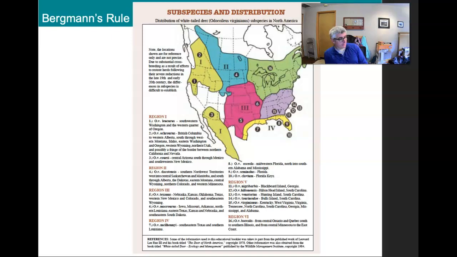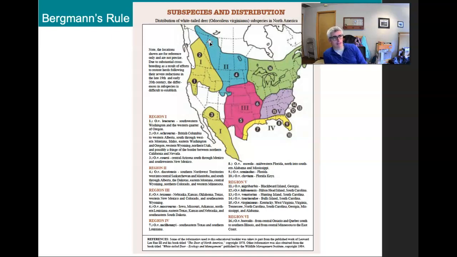And white-tailed deer extend down through Mexico up into Canada. A white-tailed deer in the Sonoran Desert is referred to as a Coues deer, and they're tiny. They're smaller than even our island blacktail deer. So they're very small deer.